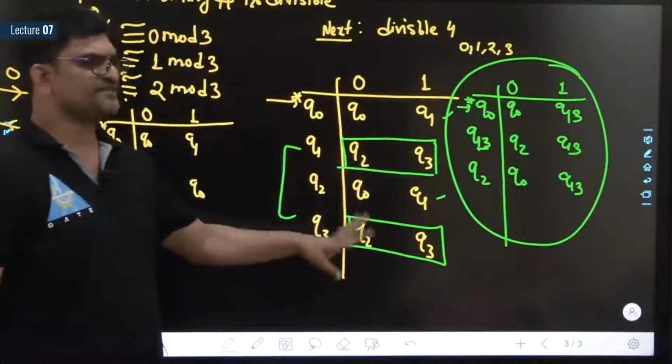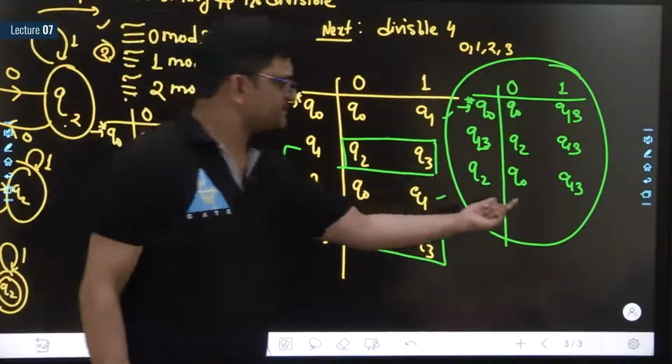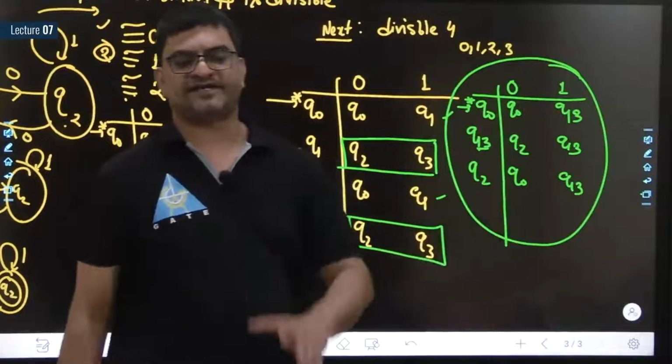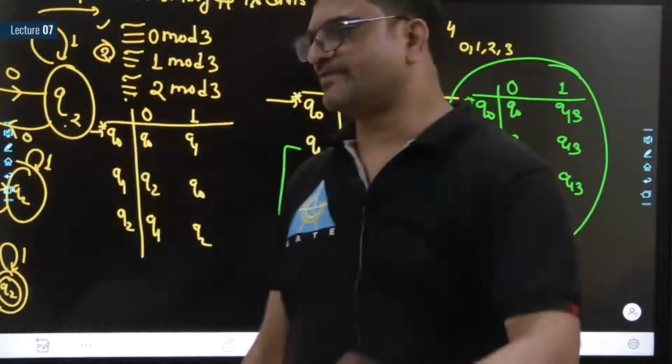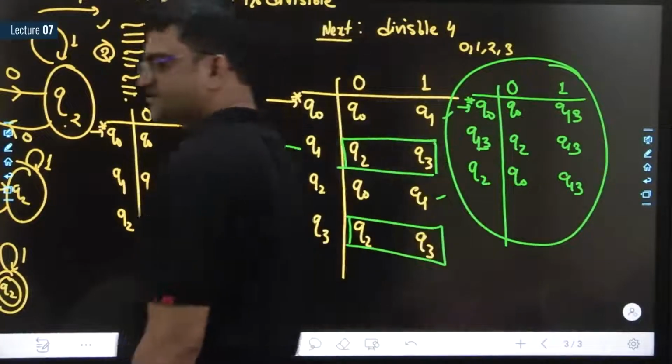This one is also a DFA but not minimal. This is the minimal DFA. In the GATE examination, they asked how many number of states are in the minimal DFA? 3 states.